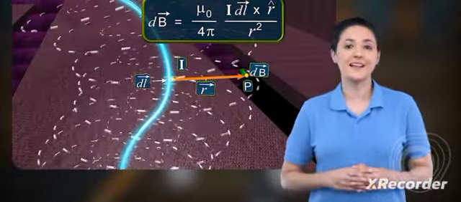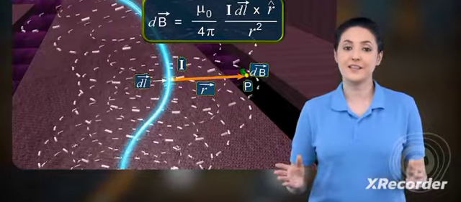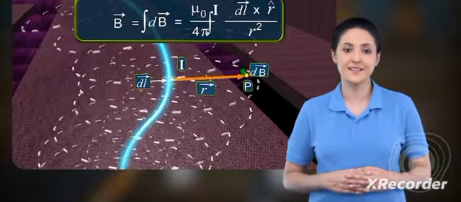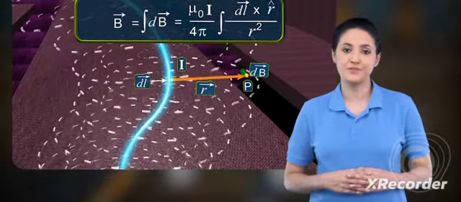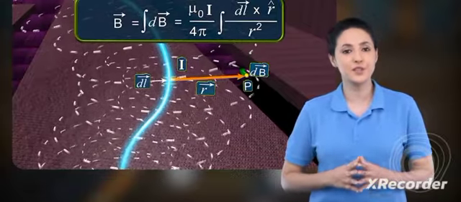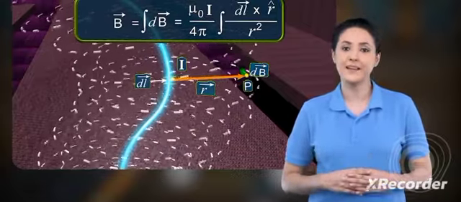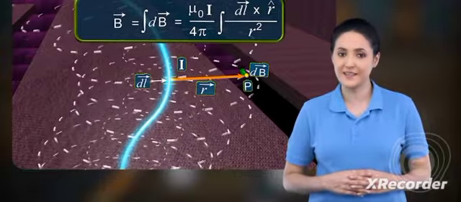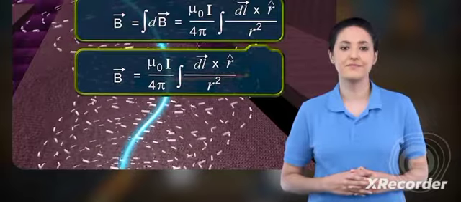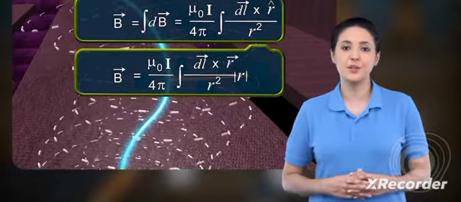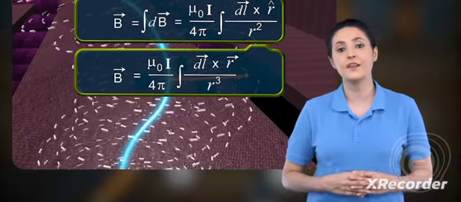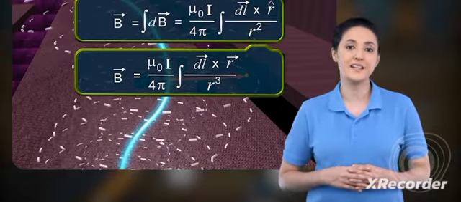As the line elements are distributed continuously, the vector sum can be represented as line integral as vector B equals integral of vector dB, that is equal to mu 0 I upon 4 pi into integral of vector dl cross r cap upon r square. Vector B equals mu 0 I upon 4 pi into integral of vector dl cross vector r upon r cube.